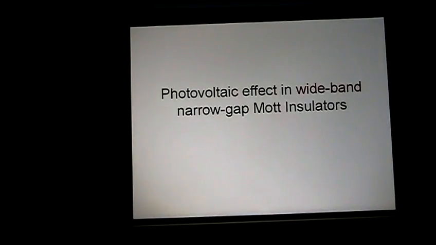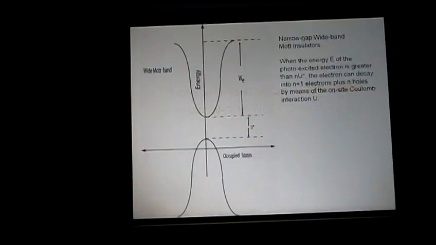Now, if the material is wideband, so if I have a Mott insulator with a small gap and a wideband, let's say half an electron volt gap, which I can always tune by tuning my Hubbard U, and the band will be several electron volts wide.